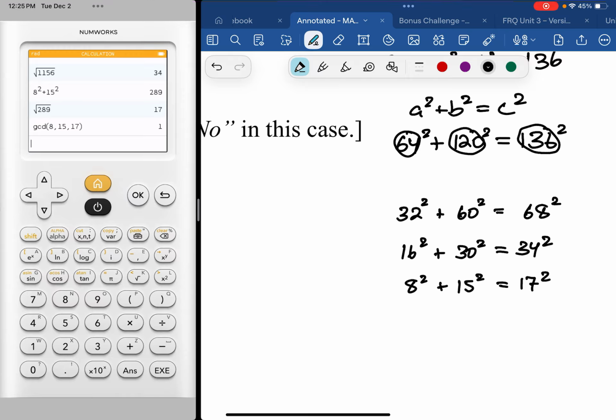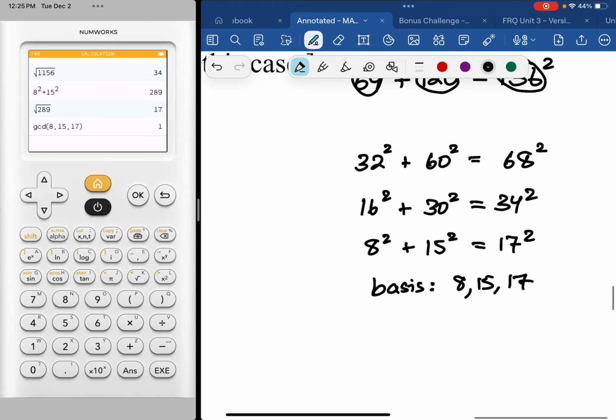If the greatest common divisor is equal to 1, then that means they're relatively prime, or coprime, which means that the basis would be 8, 15, and 17. And the system of triples would be 8n, 15n, and 17n.